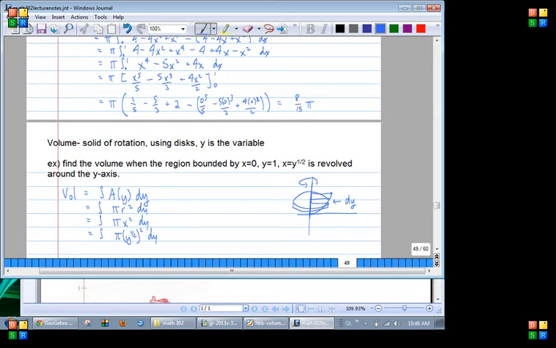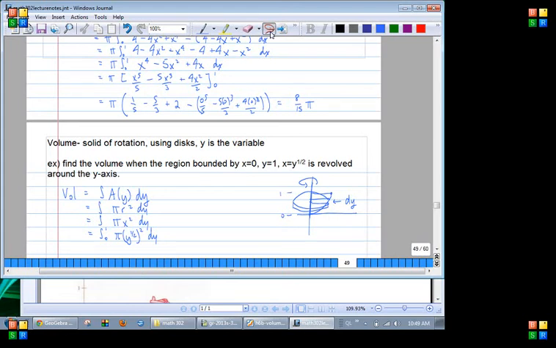So we're integrating starting at what value, going to what value? Okay. 0 to 1. Now, are those x values or are those y values? Y values. Those are y values because y is your variable, you're integrating dy. So you have to say that y is going from 0 to 1. There you go. Okay. So that's the setup.